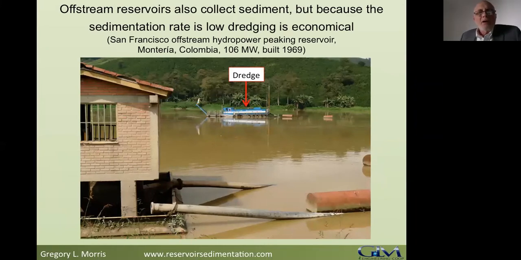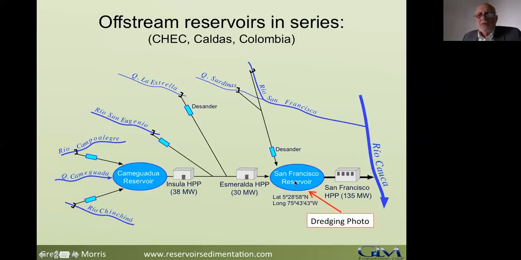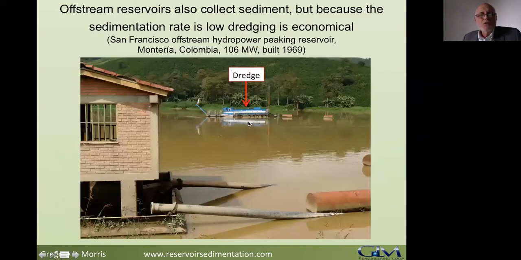Now, an off-stream reservoir, this is the San Francisco Reservoir downstream here. The next photo shows this reservoir being dredged after about 40 years of operation. An off-stream reservoir does not have zero sedimentation, but its sedimentation rate will be greatly reduced as compared to a normal on-stream reservoir.